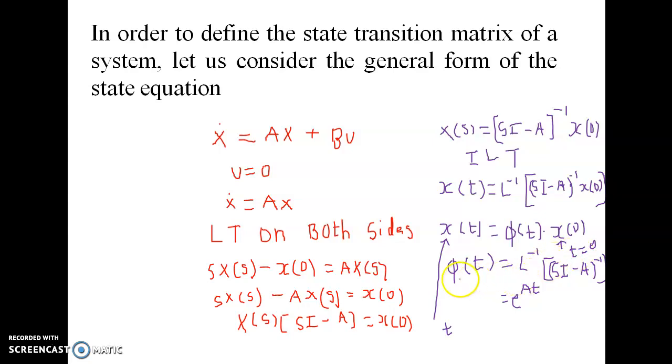As I told, phi of t is the state transition matrix, also written as e raised to A into t, where A, as we have already seen, is the system matrix.